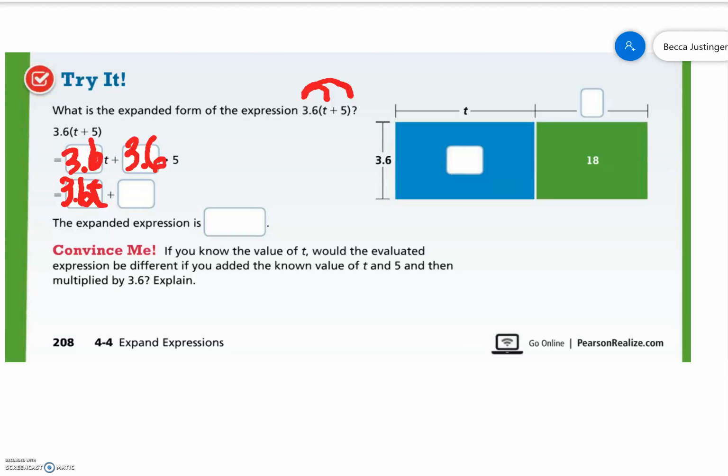Let's check our calculator. It is 18. So the expanded expression is 3.6t plus 18. Can't go any further because one of them has a variable and one of them is just a constant, so we cannot combine them.